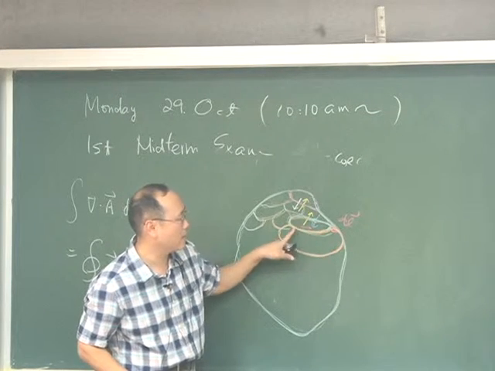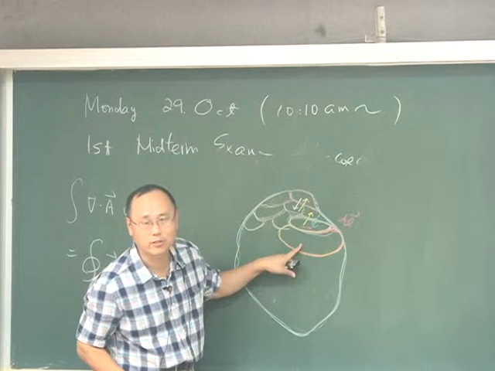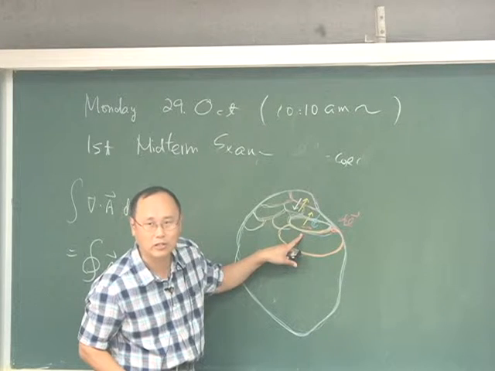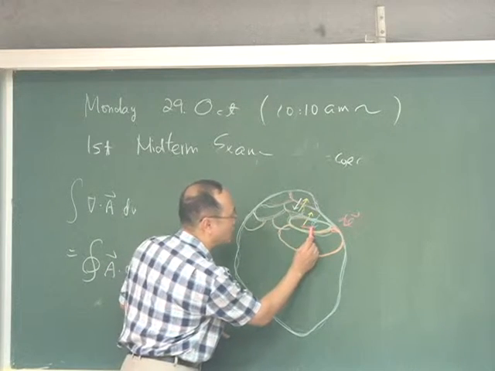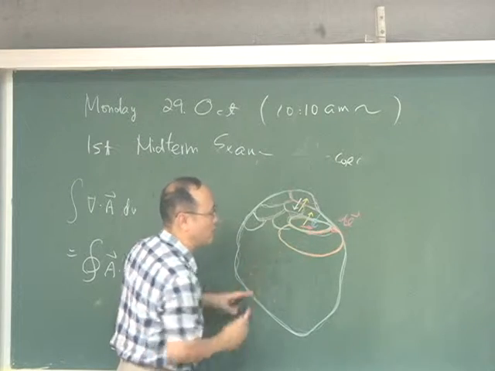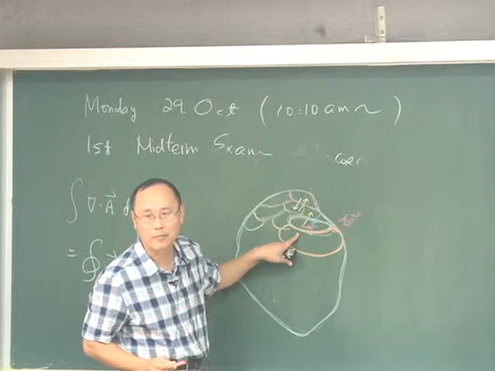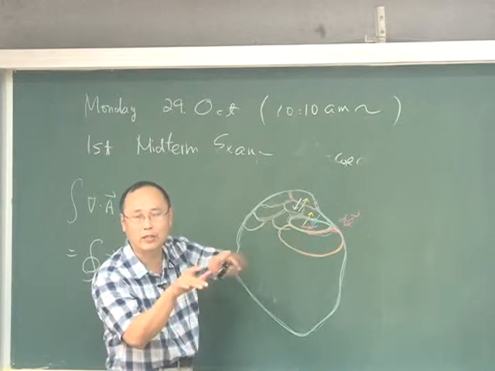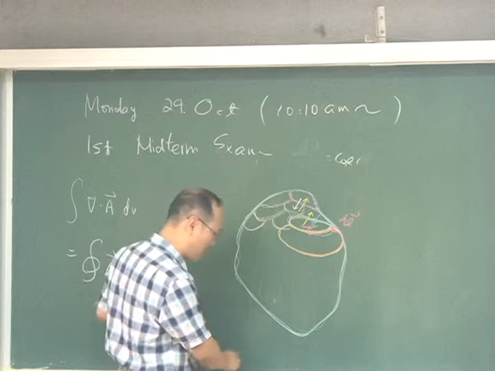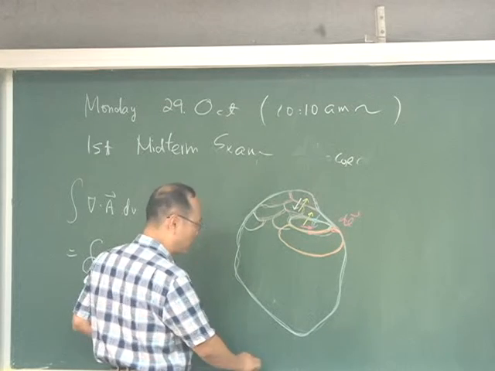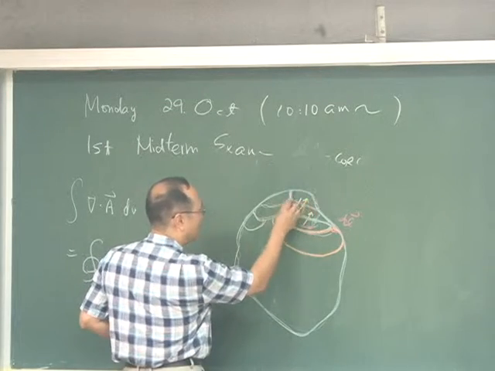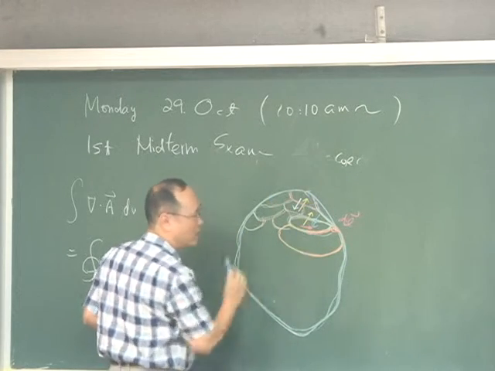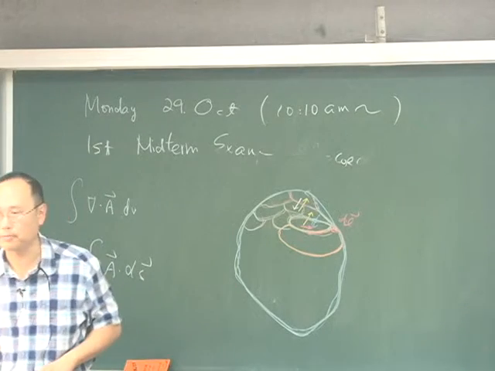So at the junction of these two areas, the circulation integrals will cancel each other, because one path is going this direction, the other path is going just in the opposite direction. So you don't have to calculate the value associated with any interface. The net result is that you only have to deal with the circulation calculation at the boundary. Any interface will just cancel each other.